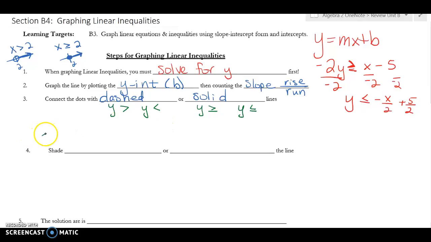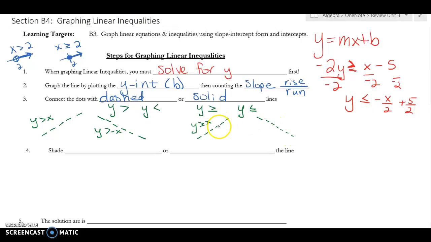Okay, so I could have a dashed line that goes up, and this is y is greater than x. I could also have a dashed line that goes down, and this could be y is greater than negative x, because it goes down. And then I could have y is greater than or equal to a positive line, which would be a positive x.